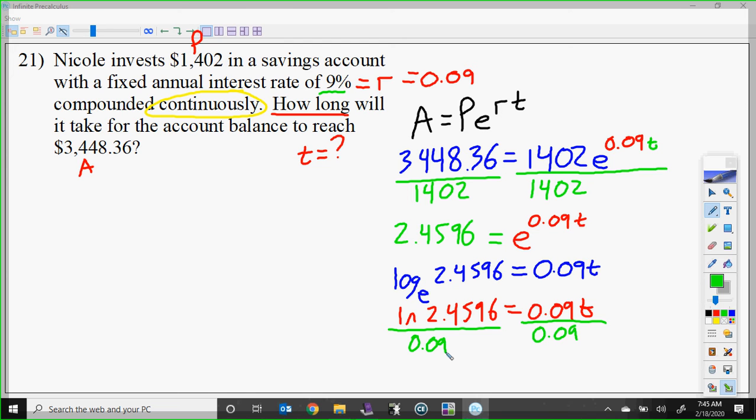So I'm going to go up and use the value on my calculator, and then I'm going to divide all of that after I've closed my parentheses by 0.09, and I get t equals 9 point and then a lot of nines. Okay, well, we're going to round to the nearest whole year, so for me that means t equals 10 years.